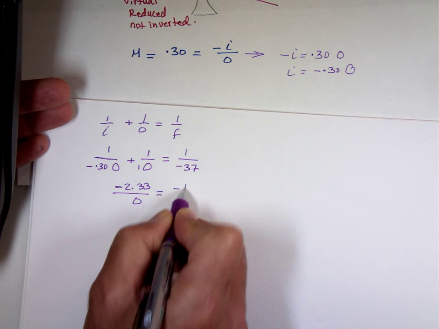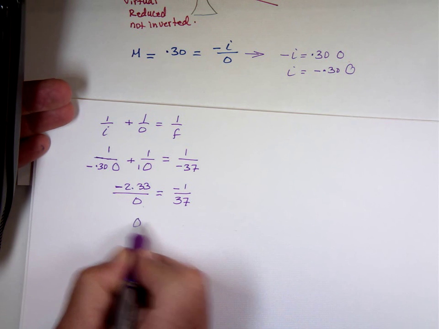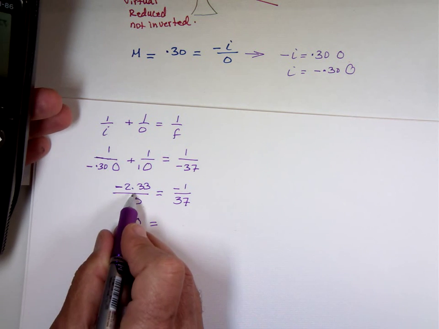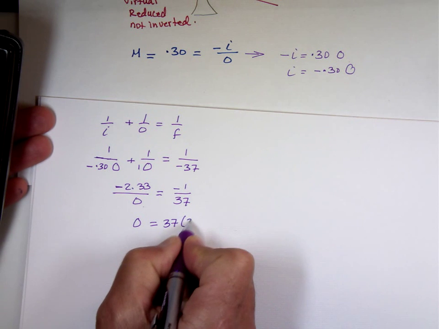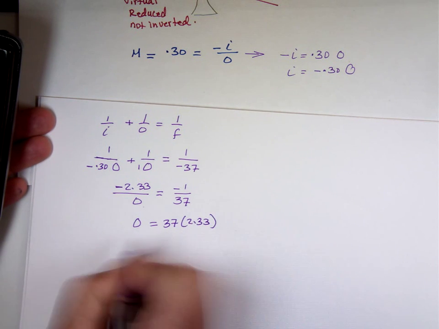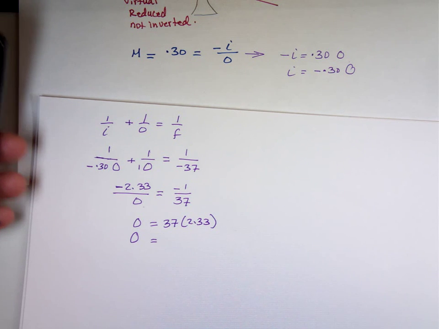The negatives can cancel each other out. O equals 37 times 2.33. The object should be placed at 86 centimeters.